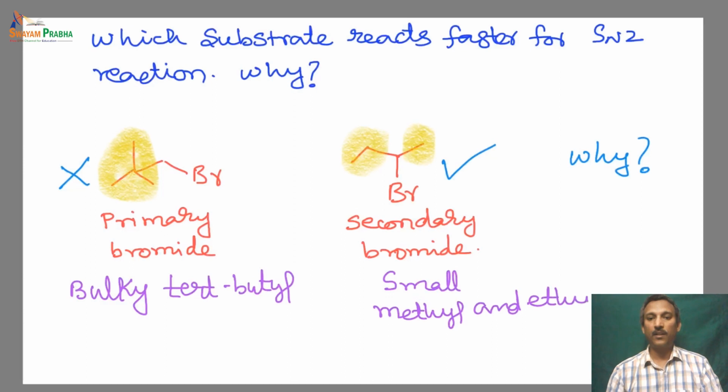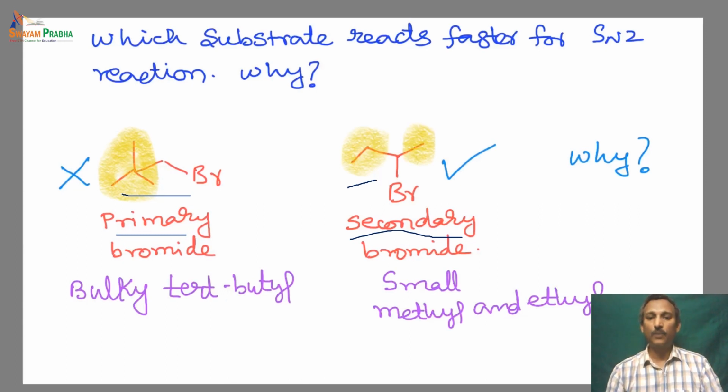So as I mentioned, this substrate undergoes reaction faster compared to this one. That means the secondary bromide reacts faster than the primary bromide. But you already know in the case of SN2 mechanism, basically the methyl group reacts faster, followed by primary, followed by secondary, then tertiary does not undergo reaction by SN2 mechanism.